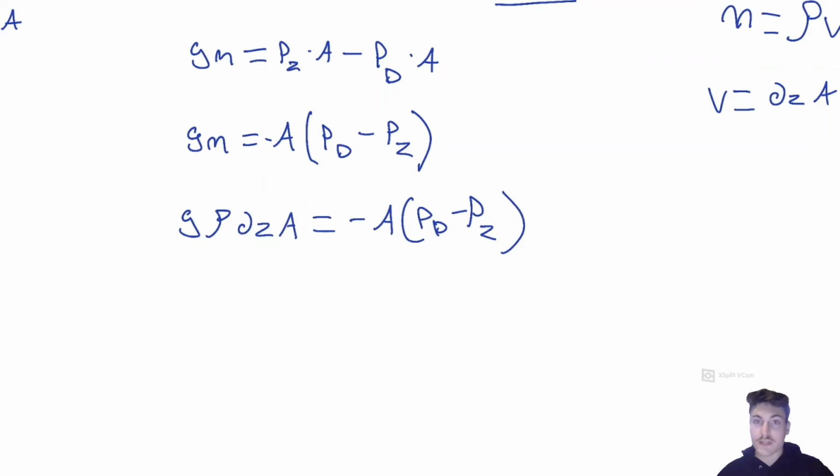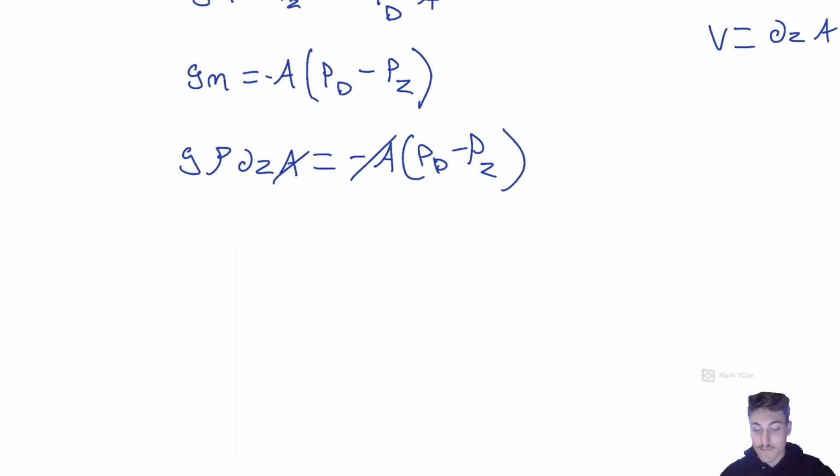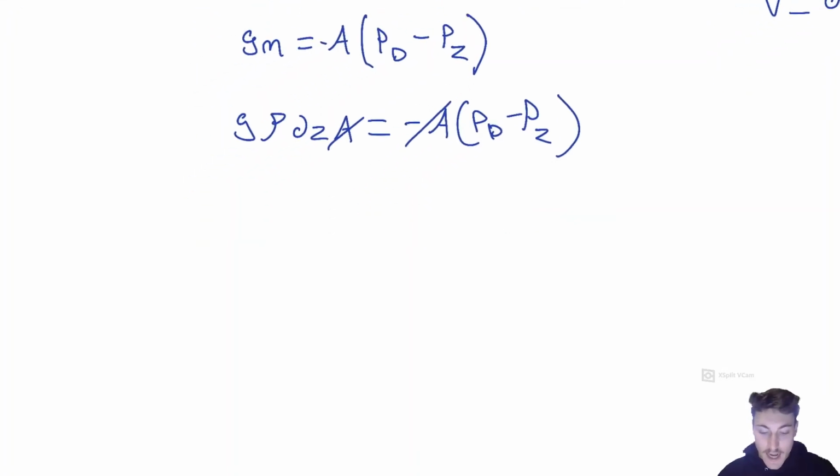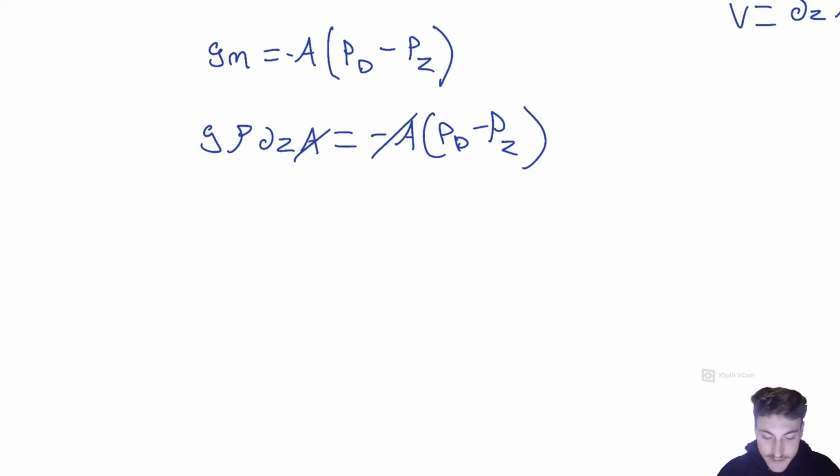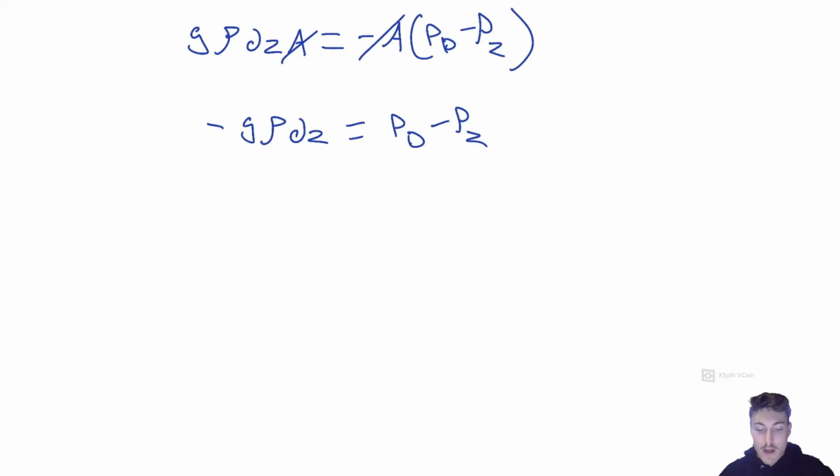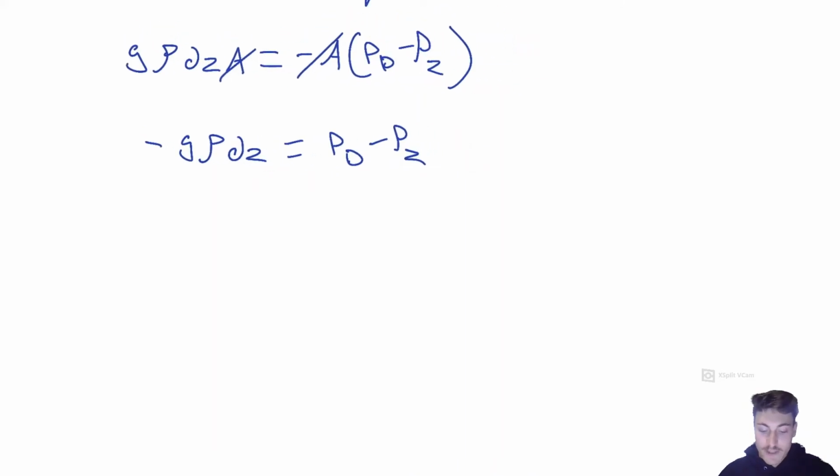Now we have A back in the equation, so we can cancel that out, and to get rid of the negative on one side, we divide by the negative A. So negative g rho dz is equal to Pd minus Pz.